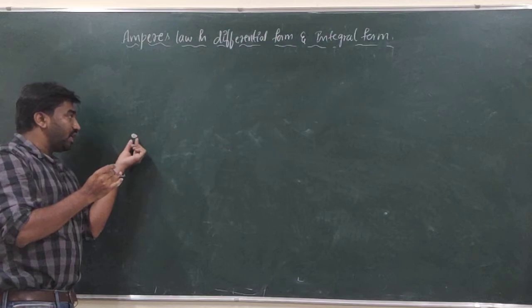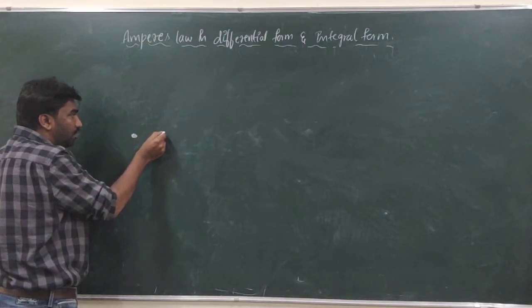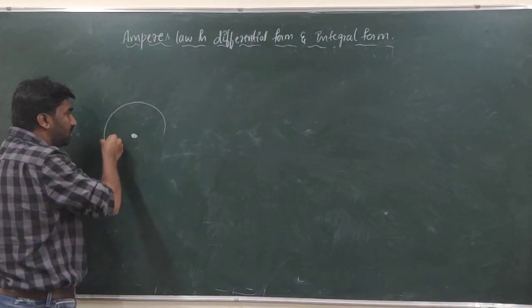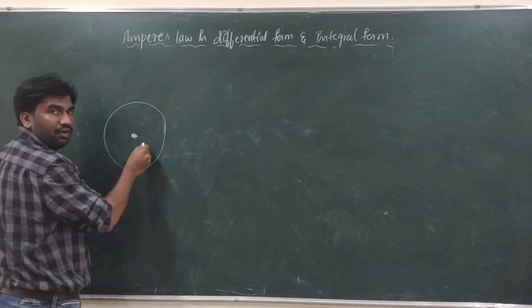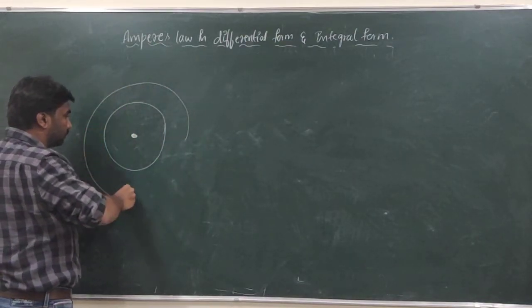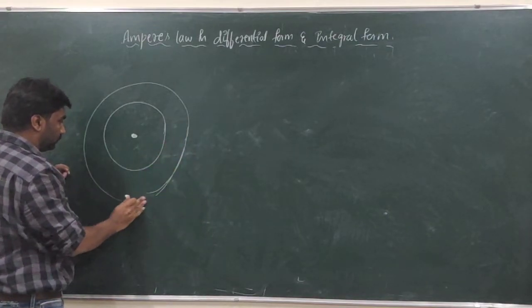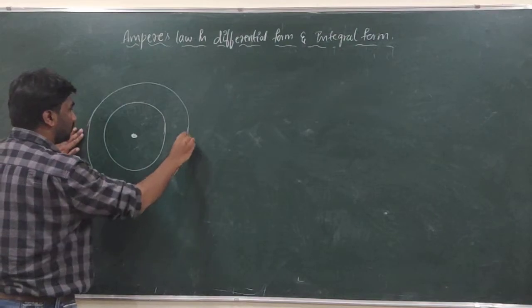The magnetic field for this current, by using the right hand thumb rule, we can easily understand the direction of this magnetic field and current. The magnetic field lines will be like this.